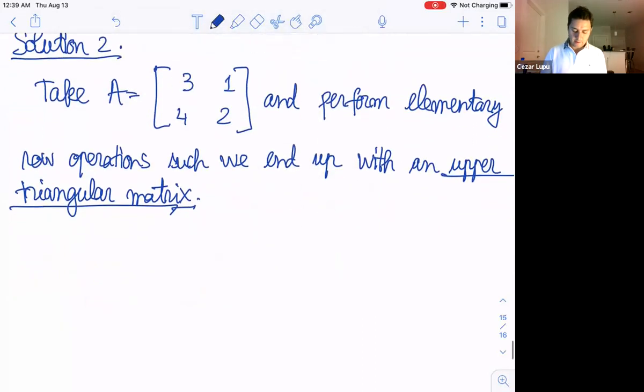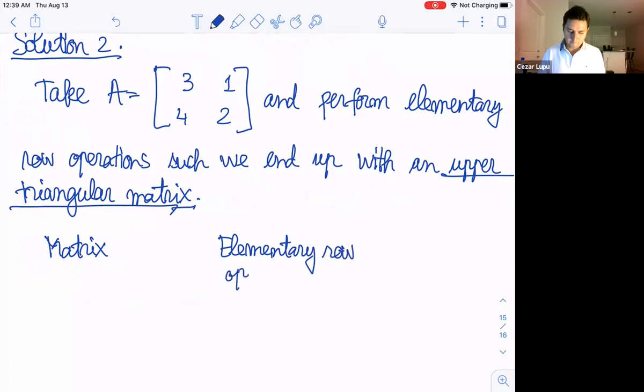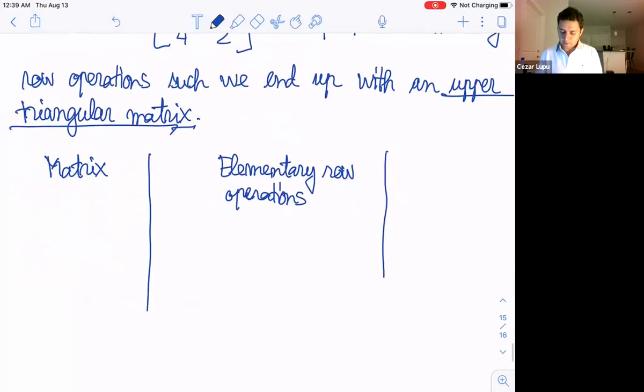So I have the matrix A, elementary operations. And here I will have the elementary matrix. And let me remind you that the elementary matrix is obtained from the identity by performing one single row operation.